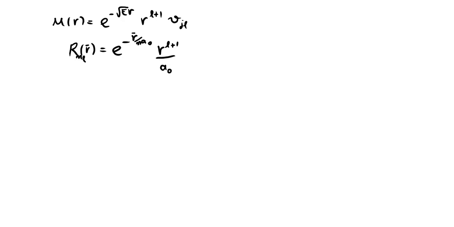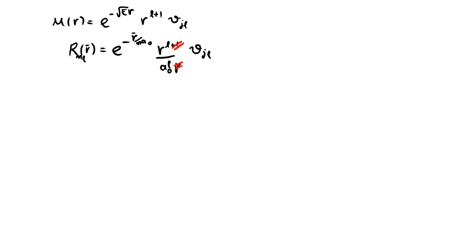Actually, remember that this big R, the capital R, is u over small r. So this r here will cancel this one here. And now I have just a0 to the l in the bottom here, and the polynomial is v of jl that I put here.